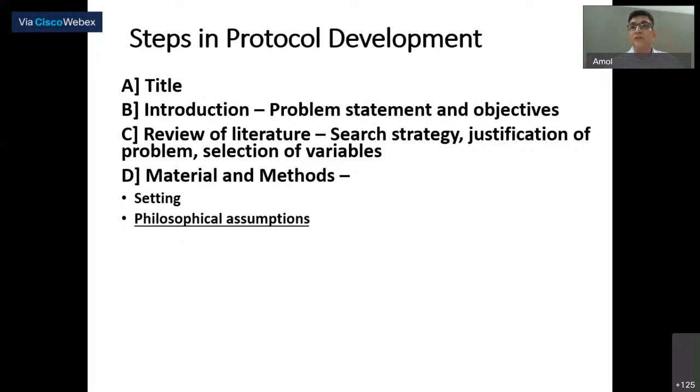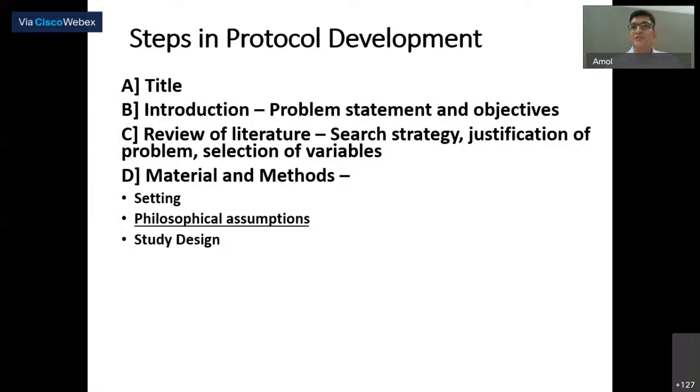And then one thing which we don't write in protocol, and I think the research protocol is incomplete without writing that clearly, is what are the philosophical assumptions you have. All research, be it quantitative, qualitative, or mixed methods, is based on philosophical assumptions, and we have to be explicitly clear about our philosophical assumptions because they guide your research.